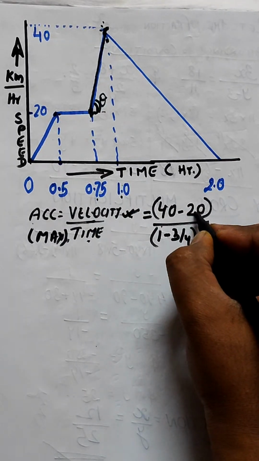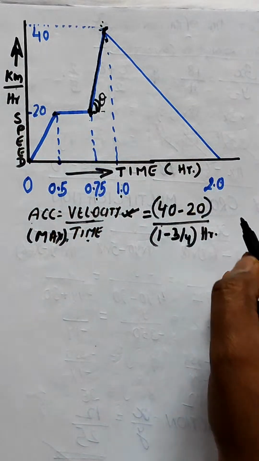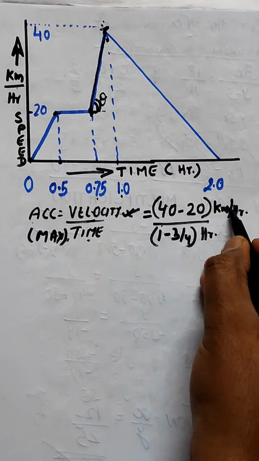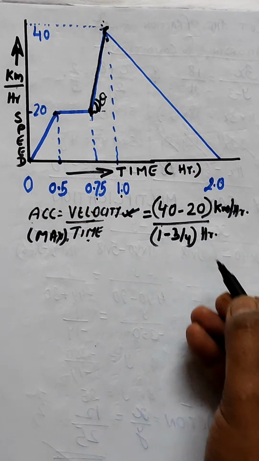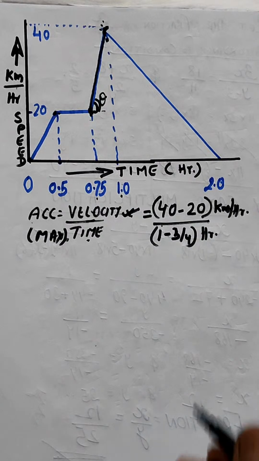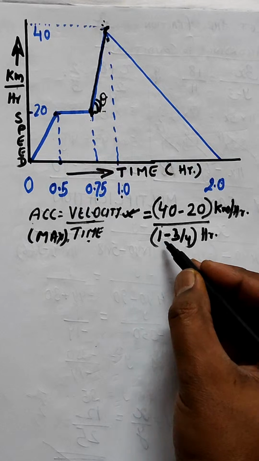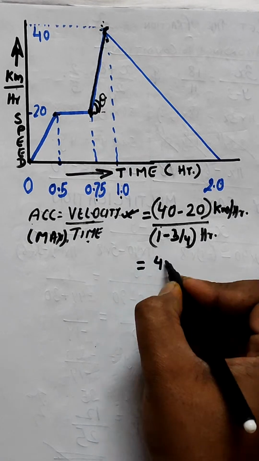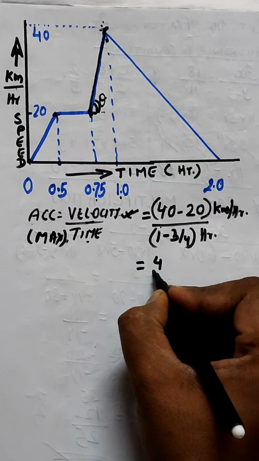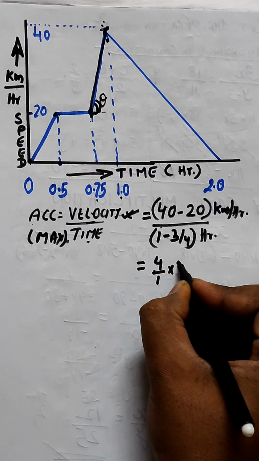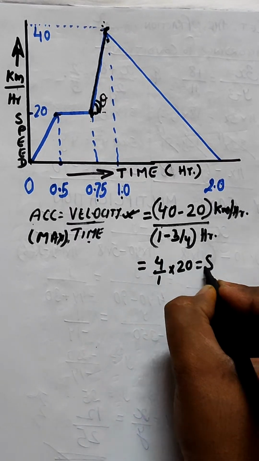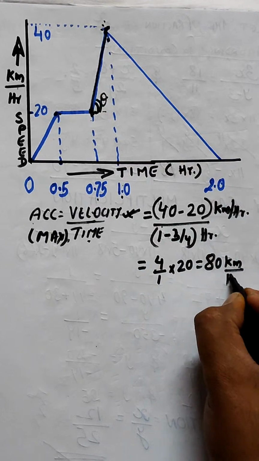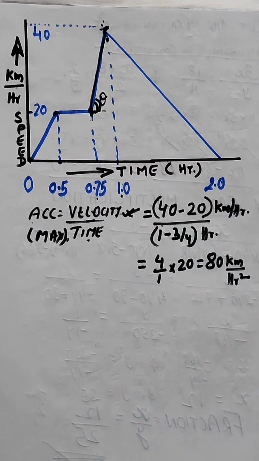Here the speed or the velocity is in kilometer per hour, so kilometer per hour in the numerator is the unit of velocity, and in the denominator the time's unit is hour. Now 1 minus 3 by 4 is 1 by 4. So this will give you 4 by 1 into 20, that is 80 kilometer per hour per hour, which is kilometer per hour square, the acceleration.